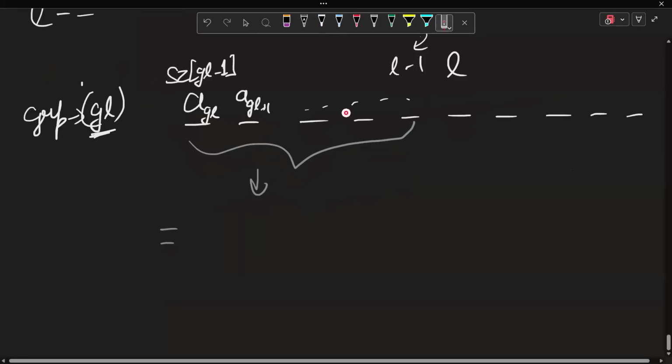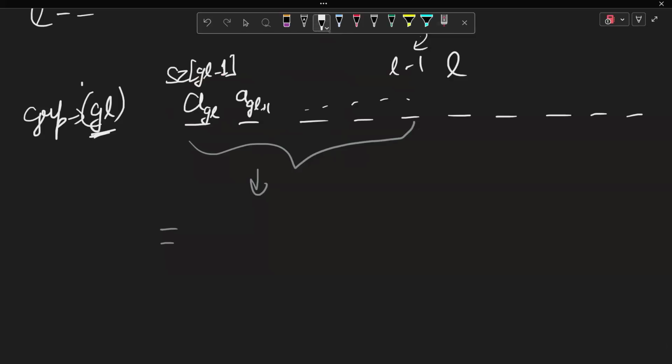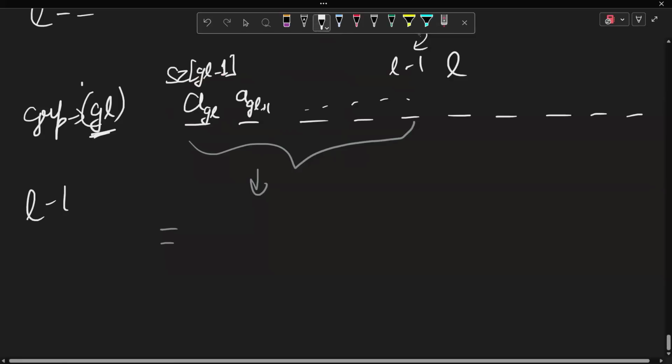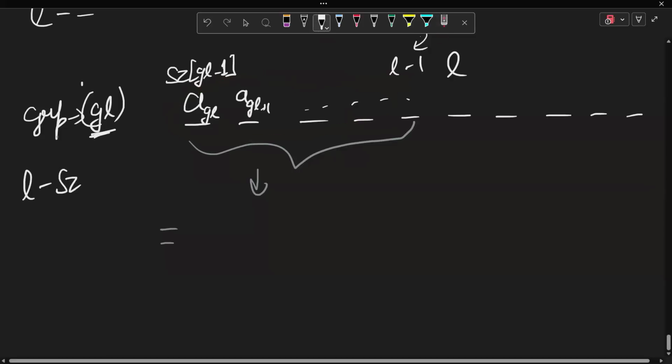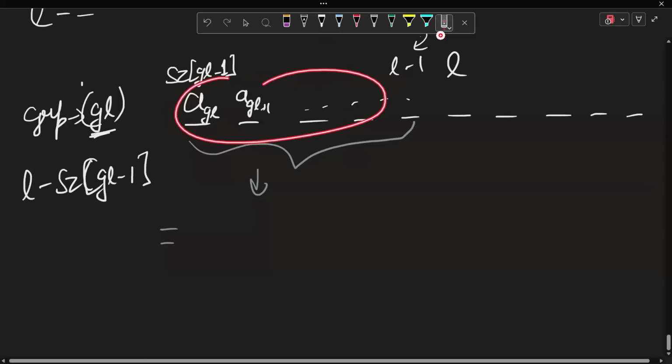Likewise, it would go. So whatever is the length of this GL plus the length of this. So the length of this is actually L minus 1. This length is L minus size of that, plus GL, so plus GL minus 1.